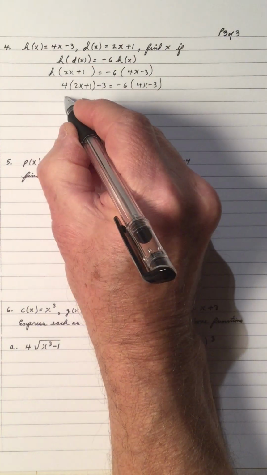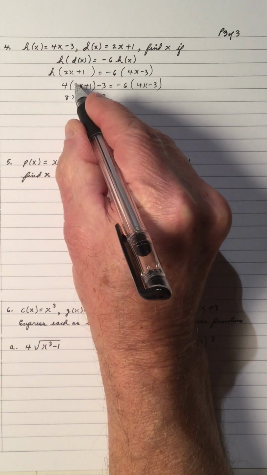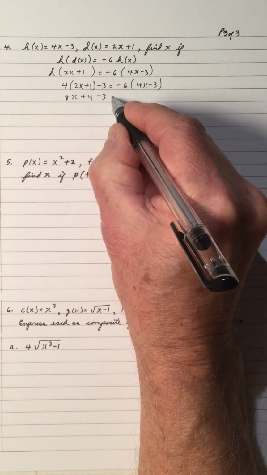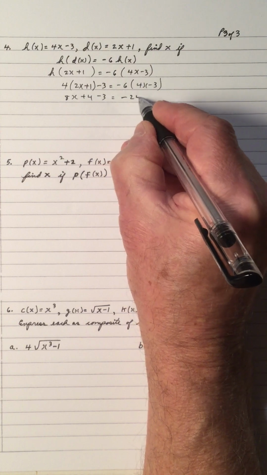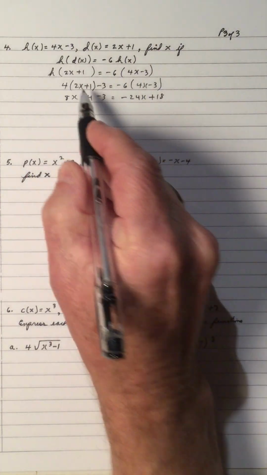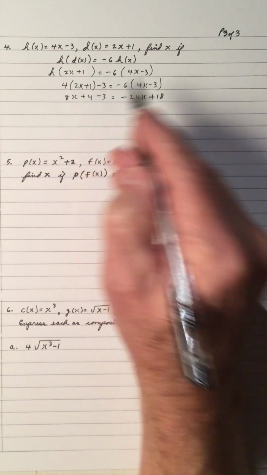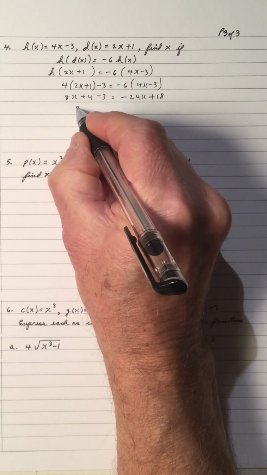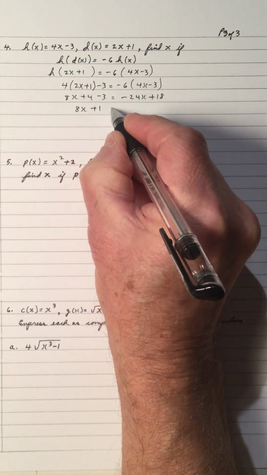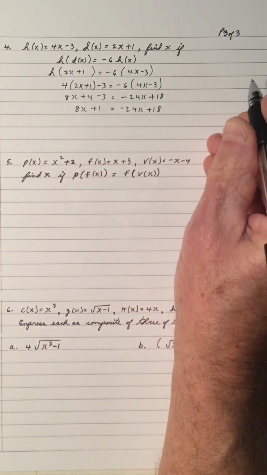Bed mass, we multiply first. 4 is multiplied by 2x and 1. Negative 6 is multiplied by 4x and negative 3. 8x, 4, negative 24x, 18, right? Now I simplify each side first before I transpose, just a habit. If you simplify each side first, you got less to transpose.